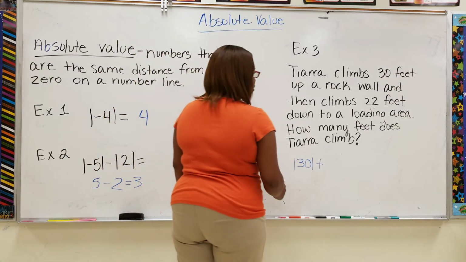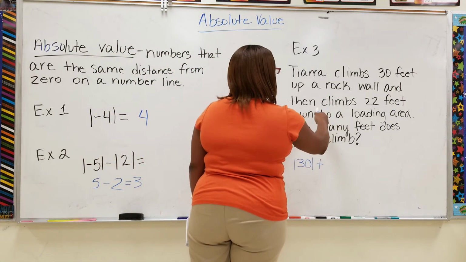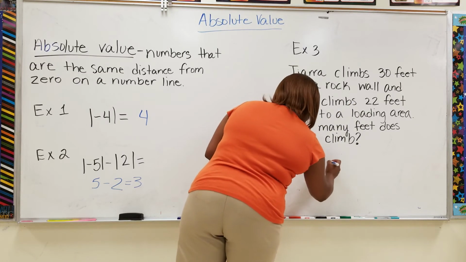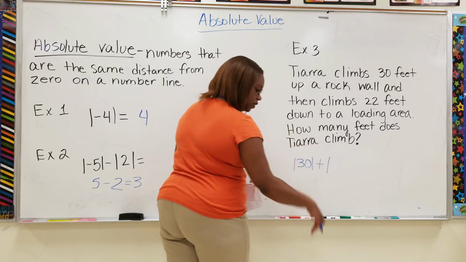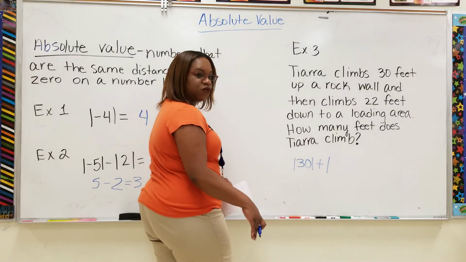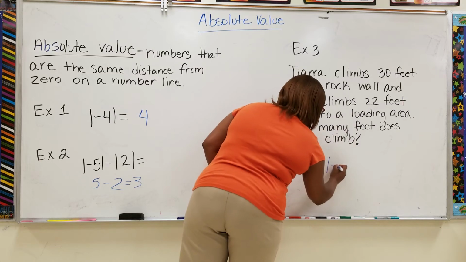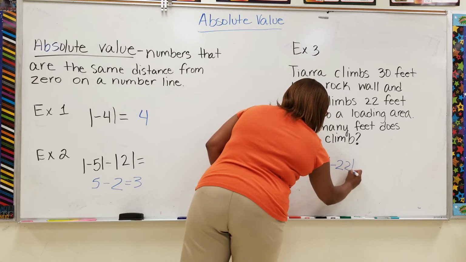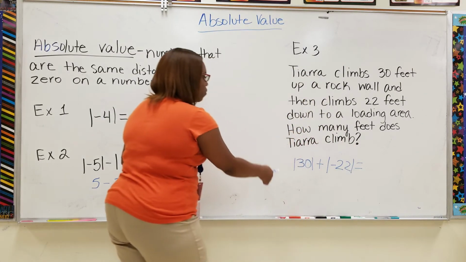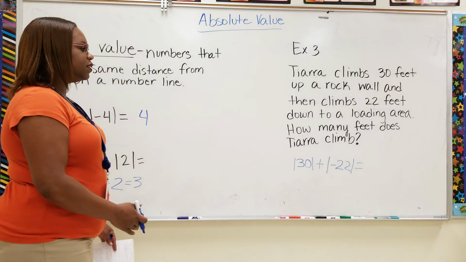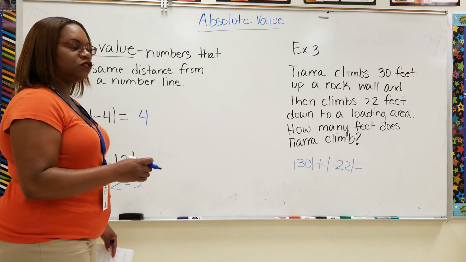So the absolute value of 30, and then she climbs 22 feet down. So she went down, so therefore it'll be represented as a negative. So the absolute value of -22. So we've set up our problem, the absolute value of 30 plus the absolute value of -22.